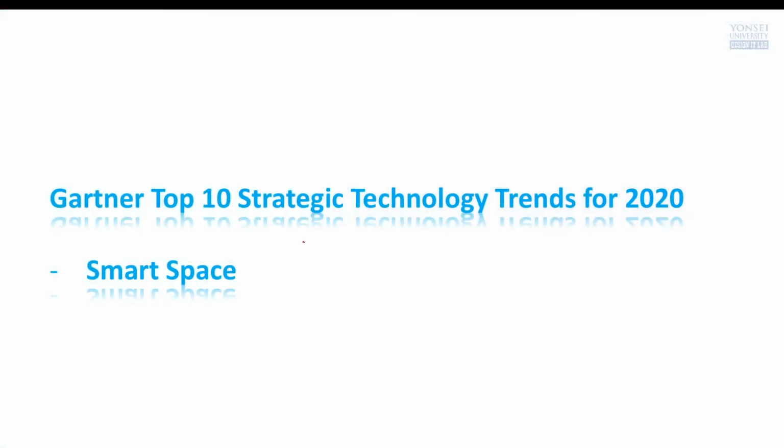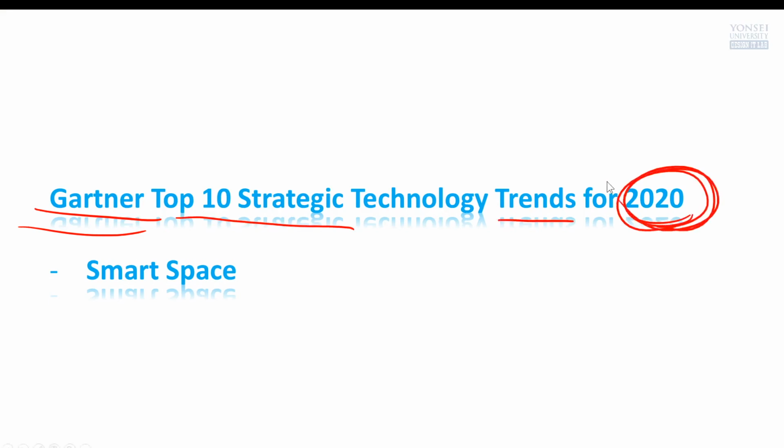If you search Gartner Group's top 10 strategic technology trends for 2020, very contemporary, okay? One of them is smart space. Among the top 10, there are many technologies such as 3D printing or something similar. One of them is smart space.